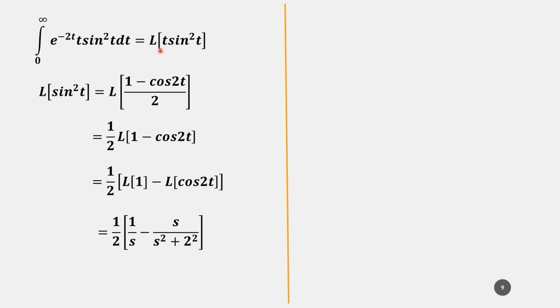Since the function is multiplied by t, we have to differentiate the answer with respect to s only once with a minus sign outside. So L of t sine square t is minus d by ds of this answer. Half is a constant which can be taken outside the derivative, and we differentiate both these functions with respect to s, and then put s equal to 2.